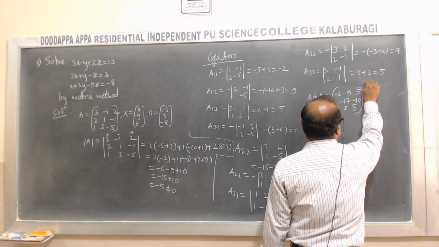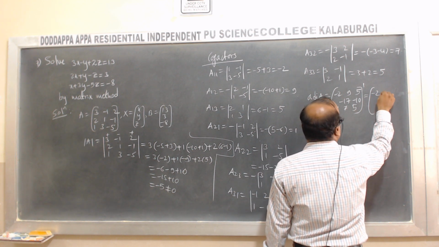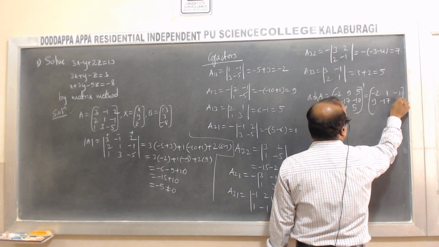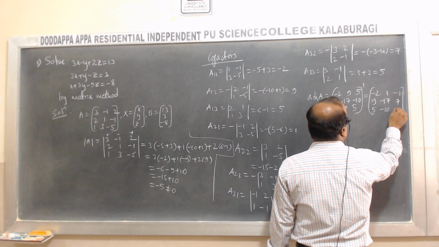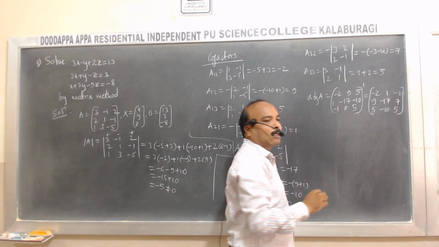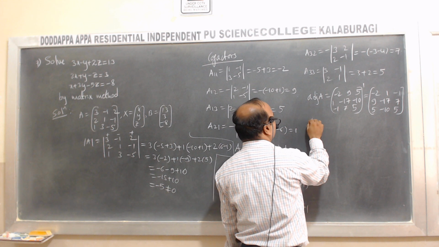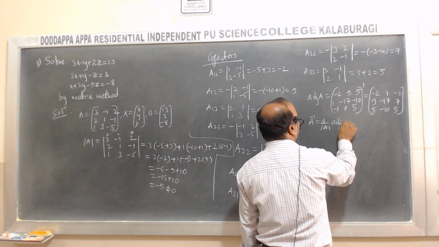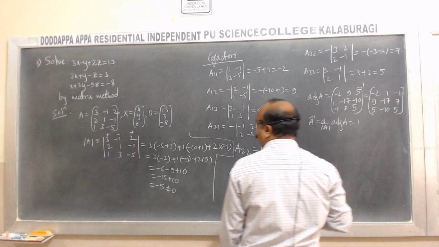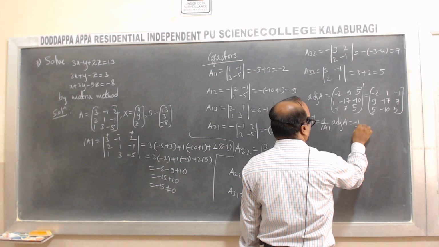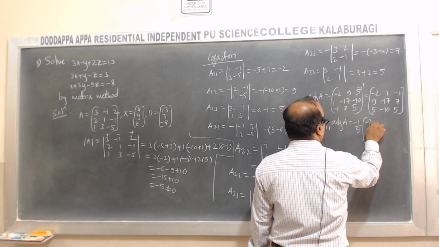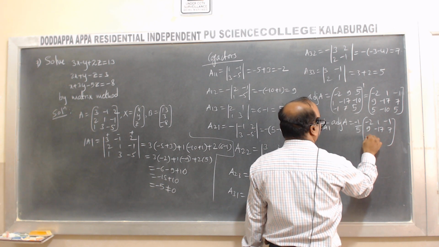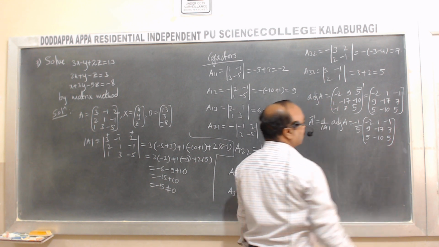Now the transpose of this is minus 2, 1, minus 1; 9, minus 17, 7; 5, minus 10, 5. Now we go for the inverse of the matrix. A inverse is given by 1 by determinant of A into adjoint of A. The determinant of A is minus 5, so it is written as minus 1 by 5 into minus 2, 1, minus 1; 9, minus 17, 7; third row is 5, minus 10, 5.